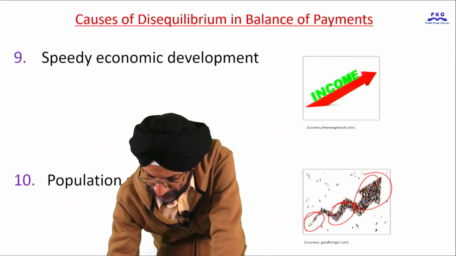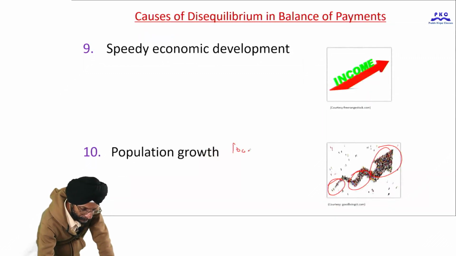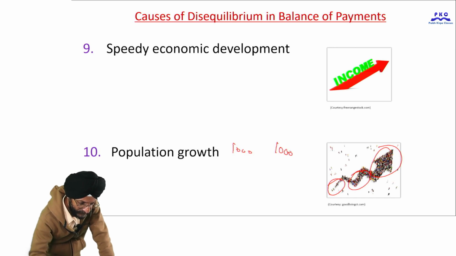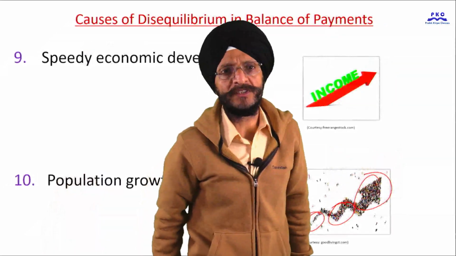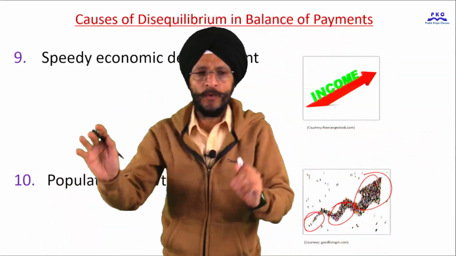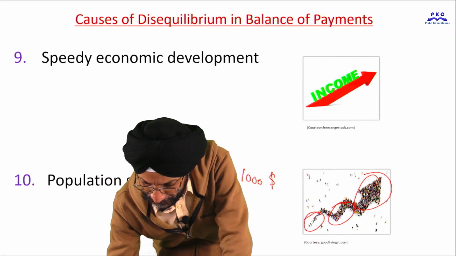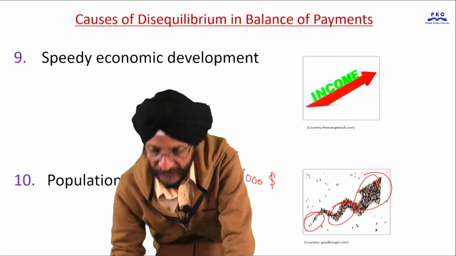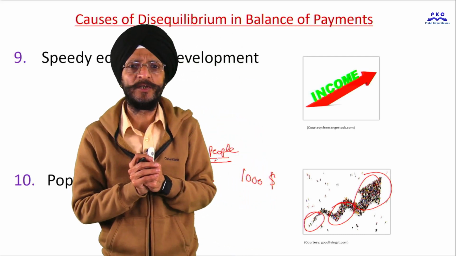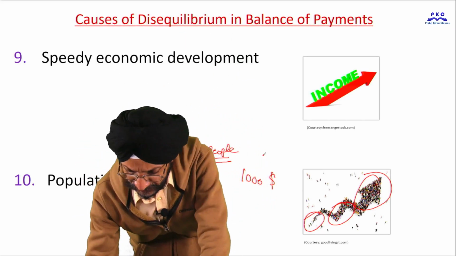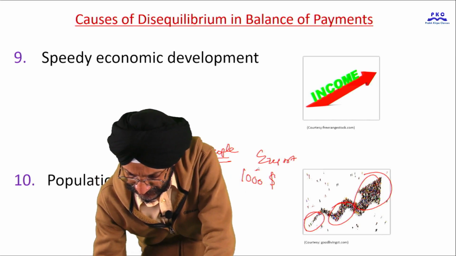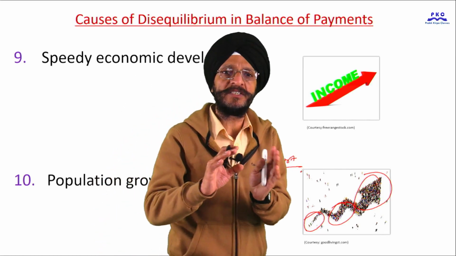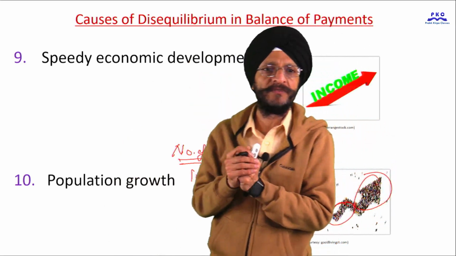Suppose the population of the country is only 1000 and the country is exporting goods worth $1000 to the rest of the world. We are only assuming the number of people. The population is only 1000, and that country is exporting $1000 worth goods and services to the rest of the world.